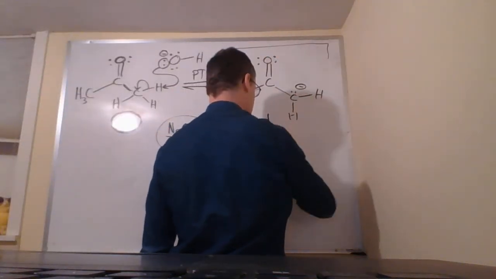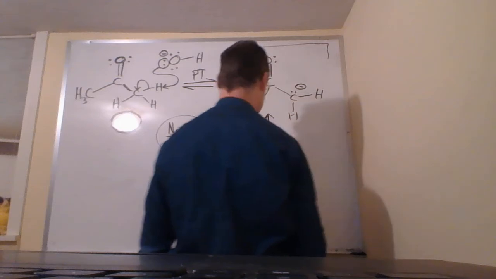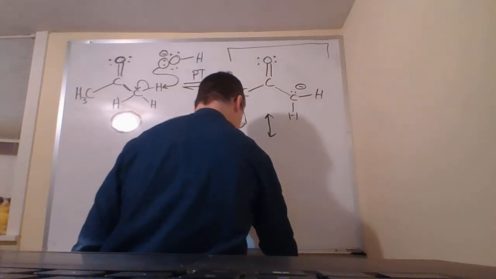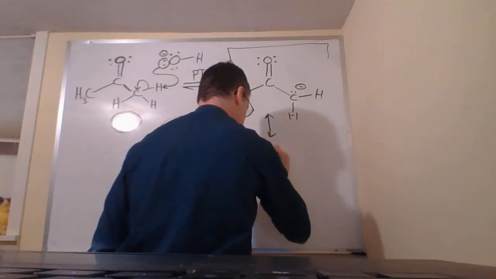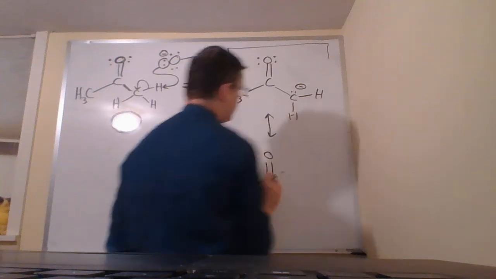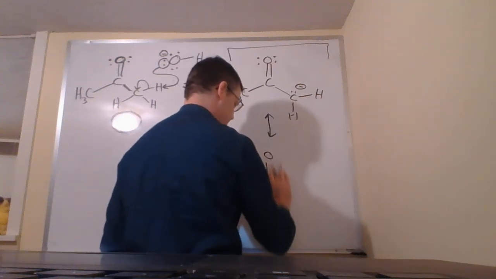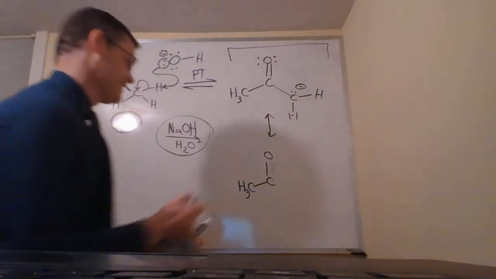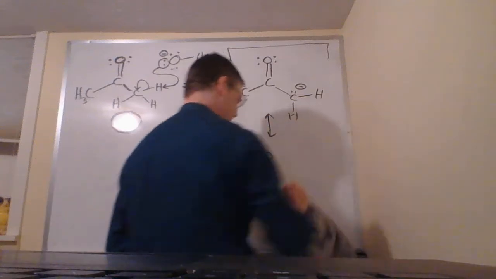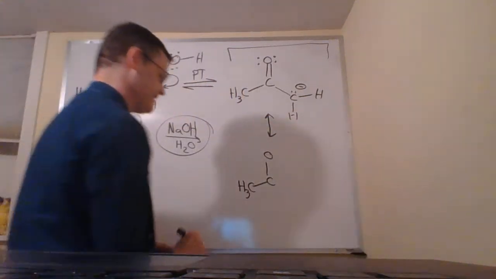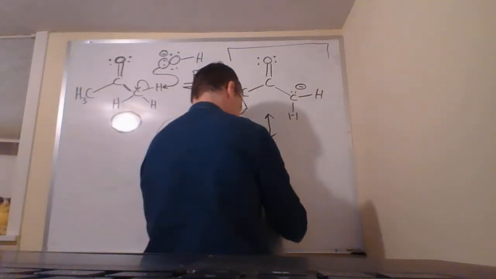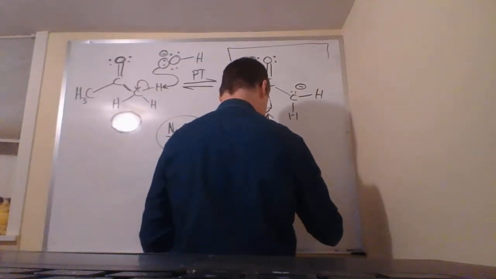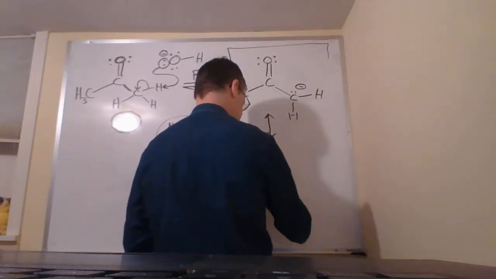And we can draw a resonance form of this. All right. We can carefully draw a resonance form of this. All right, one bond there between the oxygen and the carbon. There we go.